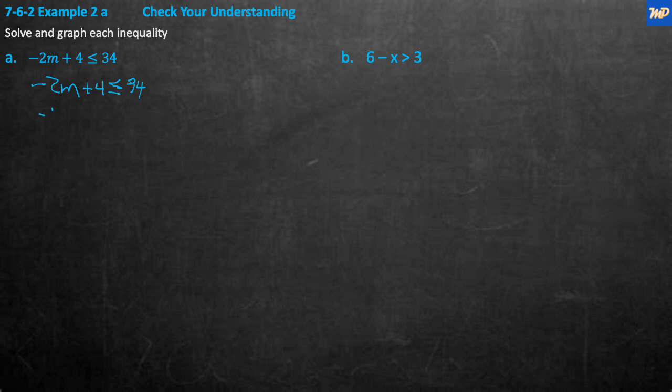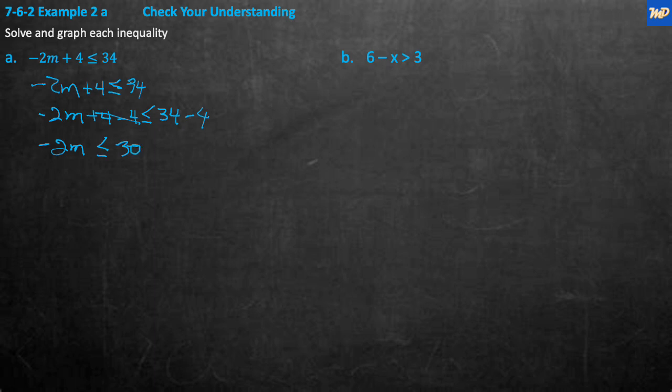So we're going to have minus 2m plus 4 minus 4 is less than or equal to 34, and we're going to subtract 4 from both sides. And when we do that, these 4's are gone, so all we have is minus 2m, and it's less than or equal to 34 minus 4, which is equal to 30.